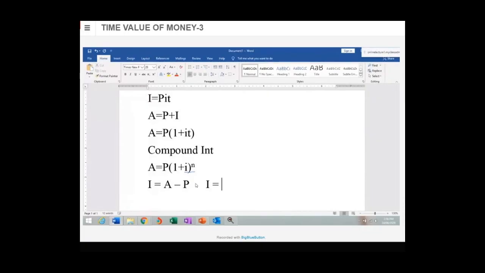Now instead of writing A, I am writing the formula of A. P in bracket 1 plus I raised to n, minus P. Are you agreeing with this formula? There are two formulas of I.